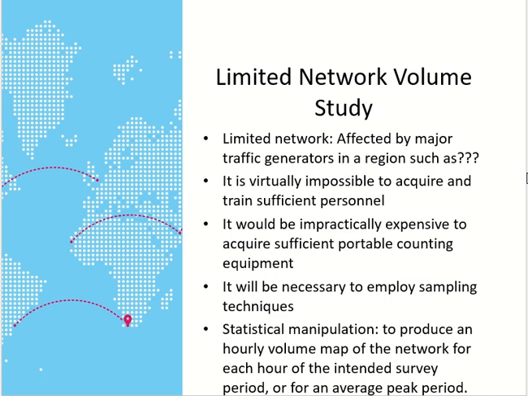So we don't do it. What we do is we take a sample. The same thing which we discussed for the speed and travel time, right? You cannot take the speed and travel time of all the vehicles. So we take a sample, right? Same thing is done for counting of a network as well. You have the whole network, I cannot cover it completely, so I will take a sample.